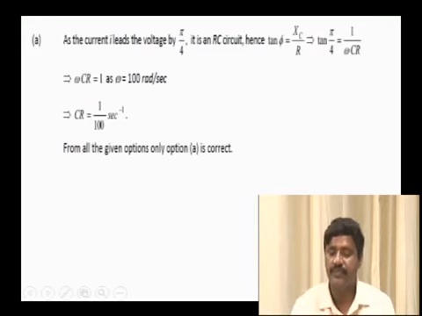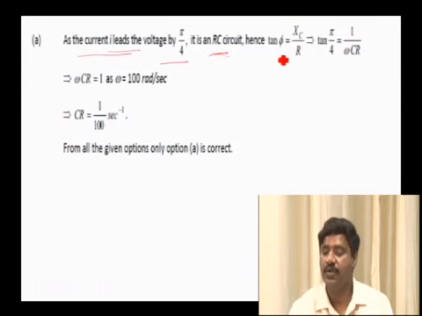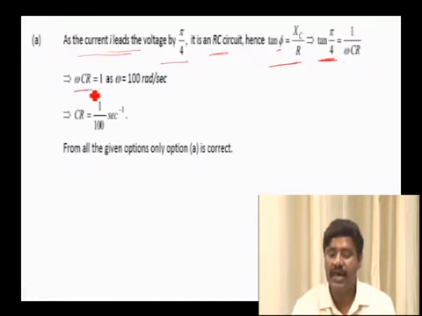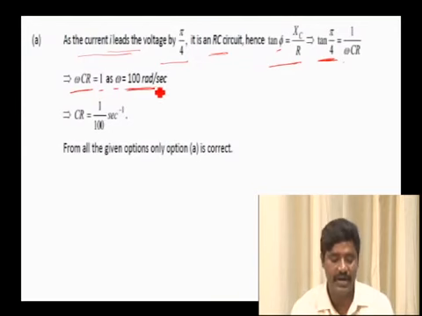How is it done? Just look at the explanation. As current leads voltage by pi by 4, and in an RC circuit tan phi is XC by R, because there won't be any XL with only XC by R. But phi is pi by 4, so tan pi by 4 is 1 over omega CR. That shows tan pi by 4 is 1. So omega CR is equal to 1. As omega is 100, how do you know that omega is 100 radian per second?